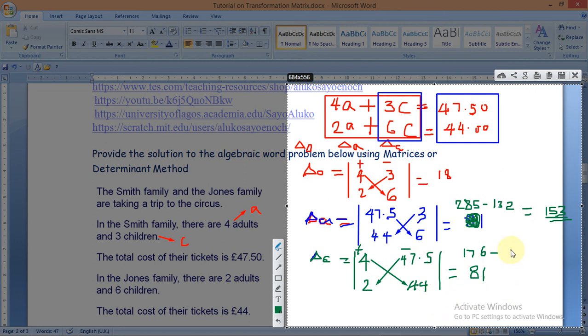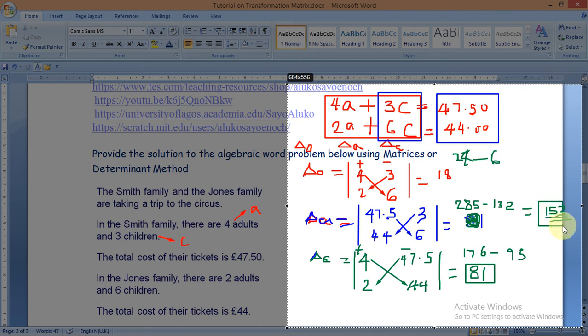Okay, I'm correct. So when you take away that, you have that. And this one here is 18. Sorry, 24 minus 6. Okay, guys, and that's that. So what are the values we have here now? I have 81, I have 153, then I have 18.